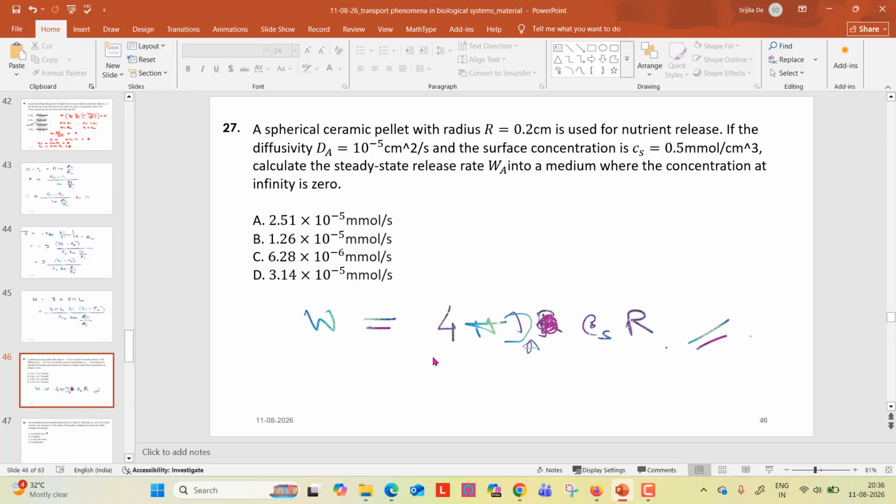So it will be 4 pi times 10 to the power minus 5 times 0.5 times 0.2. It comes as 1.256 times 10 to the power minus 5 mmol per second. So it is close to option B.